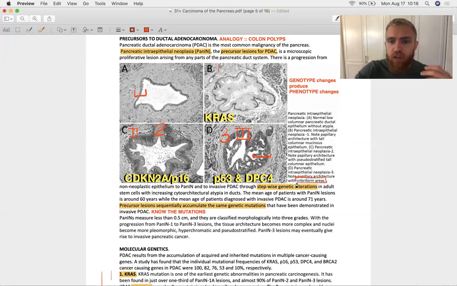So if you see this cribriform architecture, that's basically Swiss cheese, then you're going to say, oh, that is a Panin 3, not a Panin 2, because a Panin 2 is columnar cells. Not a Panin 1, because a Panin 1 doesn't even have columnar cells, let alone cribriform changes, but it's just got a hyperplasia of that ductwork. And it's certainly not normal, because that would just be one row of cuboidal epithelium.